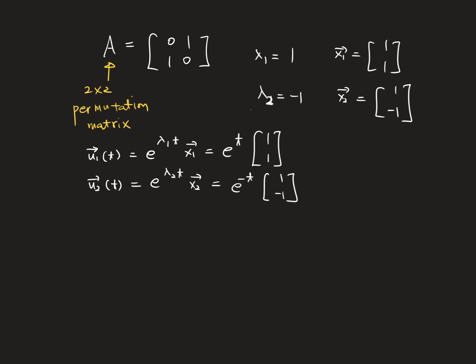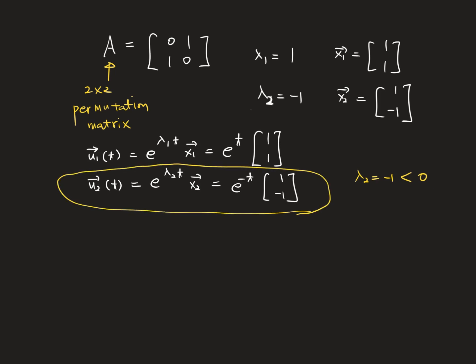We see that λ2 is minus 1, which is less than 0, so we expect this term to fade out, to decay, because λ2 is negative.